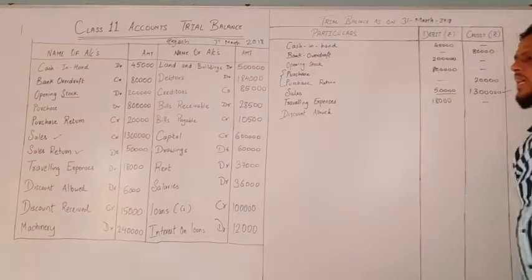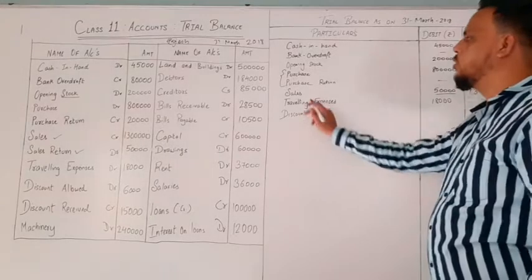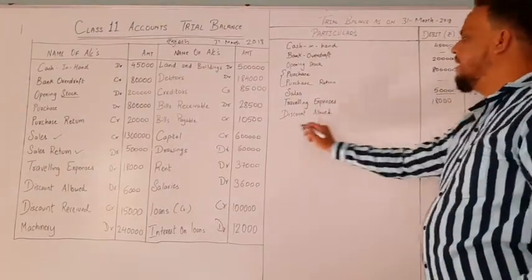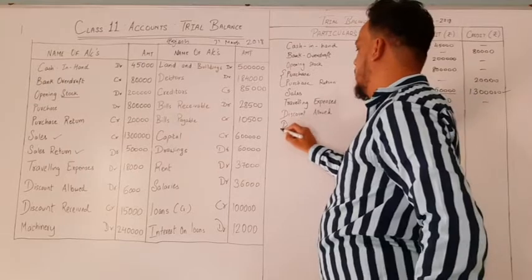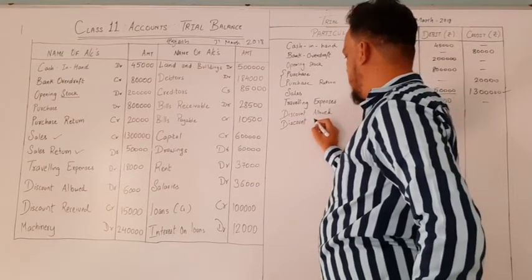Here also you can identify allowed and received. Allowed amount comes under the debit side and received comes under the credit side. But I am writing separately. I just want to show you how sales, discount and purchase have an impact. You should know the effects.